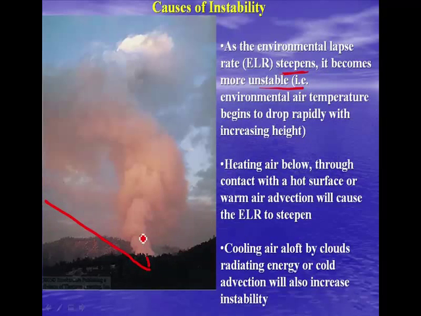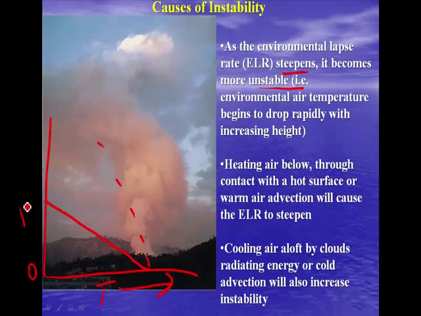The temperature of the air parcel decreases something like this, where we have temperature increasing this way, and the levels of the atmosphere as we go from 0 kilometers to 1 kilometer, 2 kilometers, and so on. So we see at 1 kilometer here, the temperature of the air parcel is actually warmer than the surrounding air at that particular level, and so the air parcel would continue to rise.